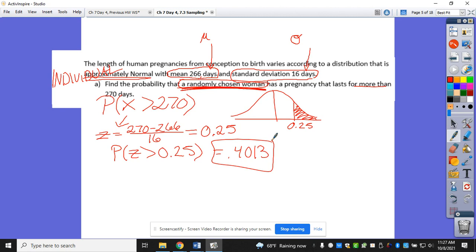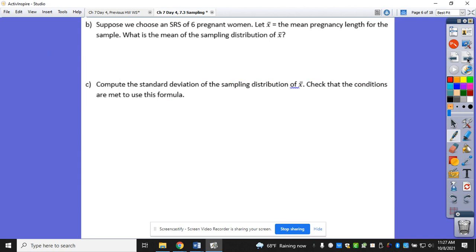So now we're going to make the exact same connection, but to today's topic. So now we're going to have a simple random sample of 6. So this is my n.